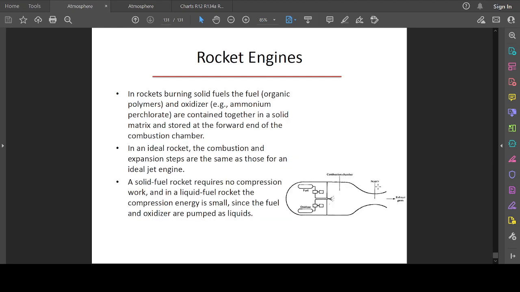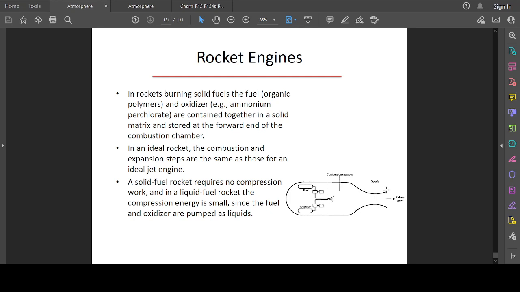In rockets burning solid fuels, the fuel, which is usually organic polymers, and the oxidizer, for example ammonium perchlorate, are contained together in a solid matrix and stored at the forward end of the combustion chamber.